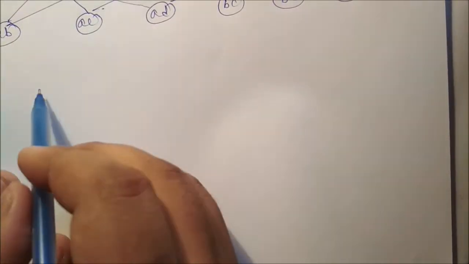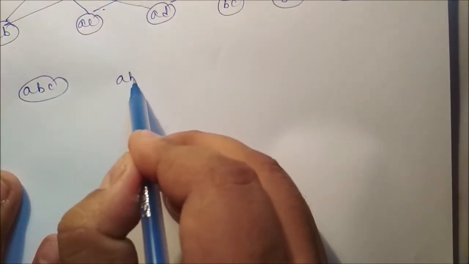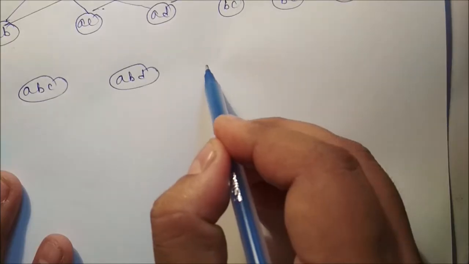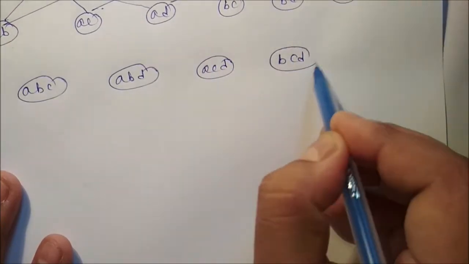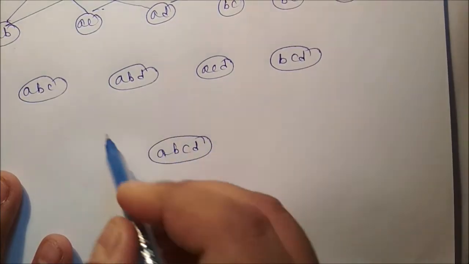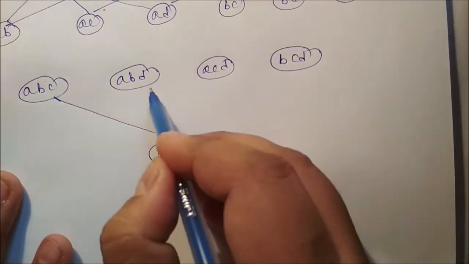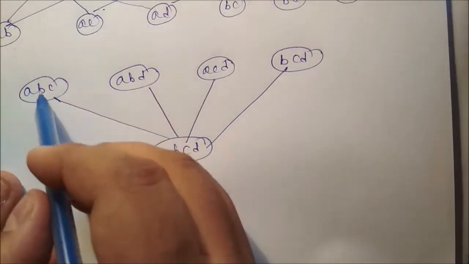After that, we have to get the three item sets: ABC, ABD, ACD and BCD. And finally you can get ABCD. That means you have to merge these four. How to get ABC?